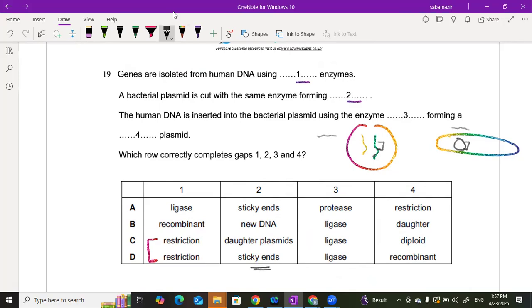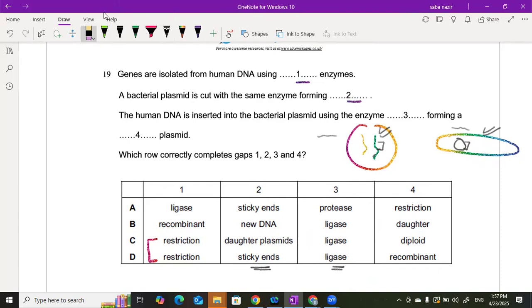We cut the human DNA and the plasmid in the respective cells. The human DNA is inserted into the bacterial plasmid using an enzyme. This enzyme is DNA ligase, forming a dash plasmid. Now the bacteria will be modified.